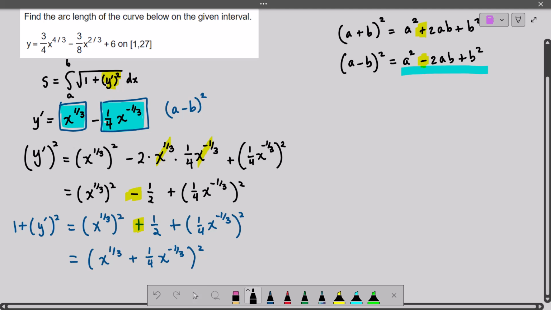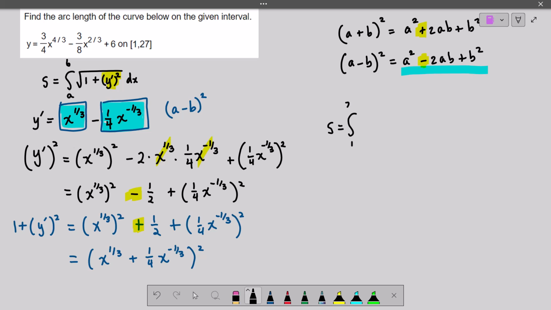So then when we go to plug into our arc length formula, we're going to integrate from 1 to 27. And we're integrating the square root of that square. So that is going to create a simplification where we have the following. So the square root right here is canceling that square up there.